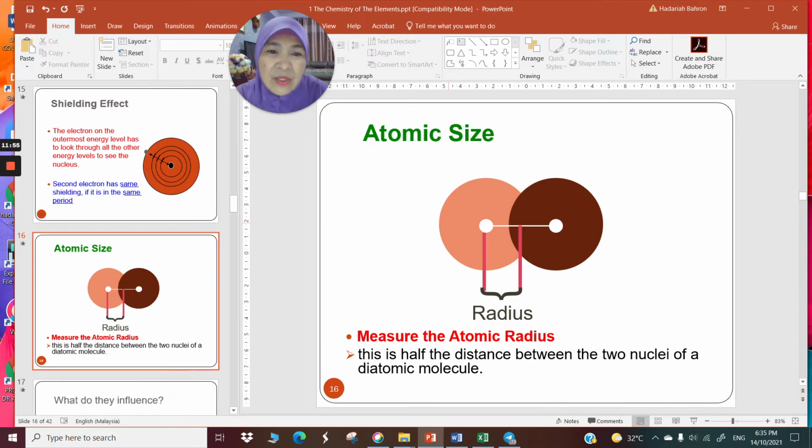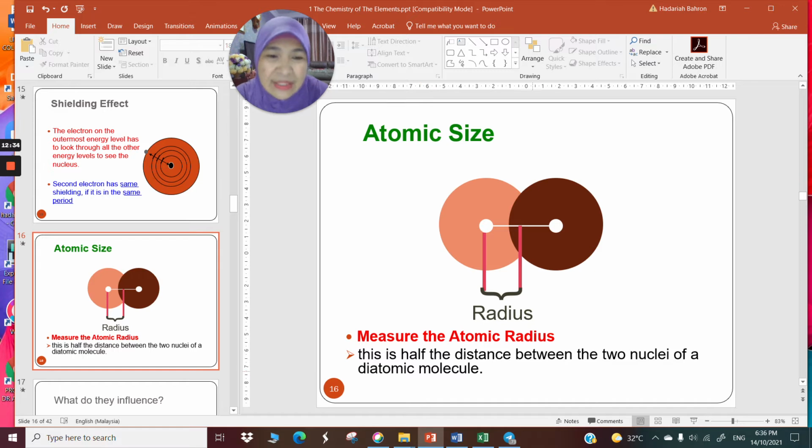Okay. So also about atomic size. Atomic size is about the radius. When you want to know the radius of an atom, you have to do this kind of measurement, where the distance between the nucleus of this atom and the nucleus of that atom, divided by 2, is actually the atomic radius.